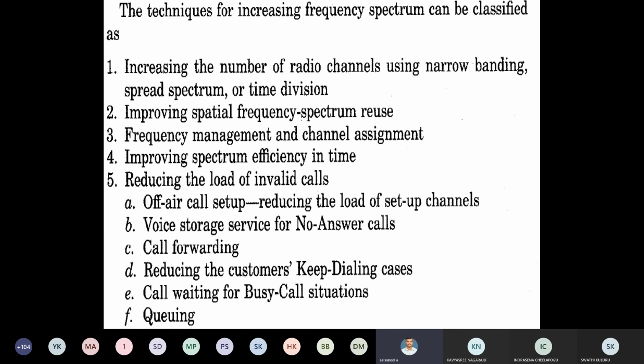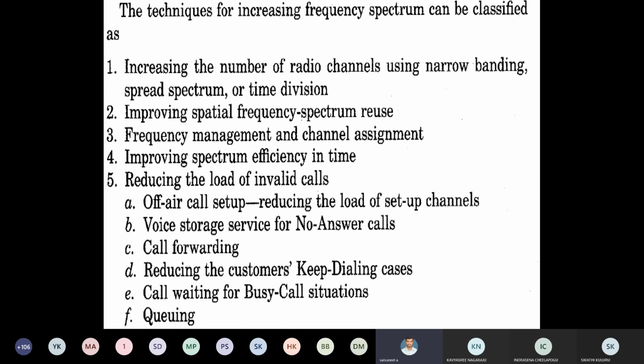Here, the first one is reducing the load of setup channels. Next, voice storage service for no answer calls. Suppose you call your friend or one of your relatives, and at that time they are not available.